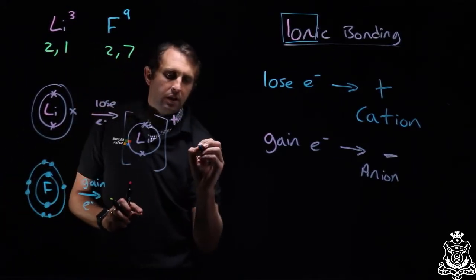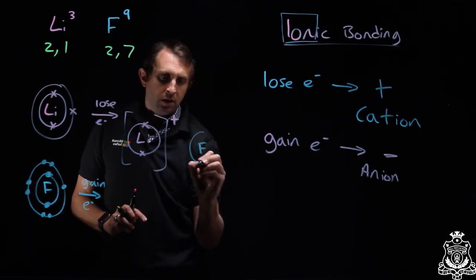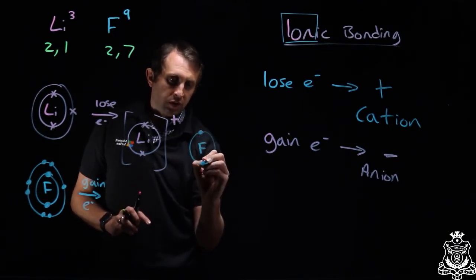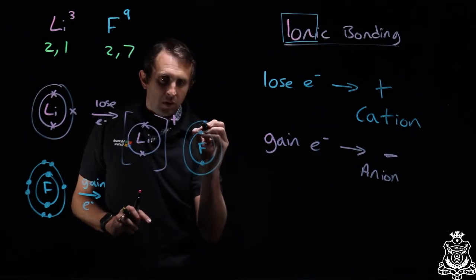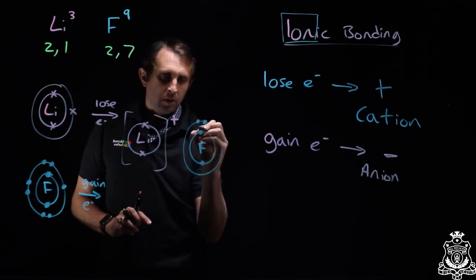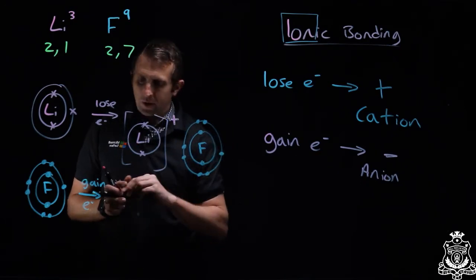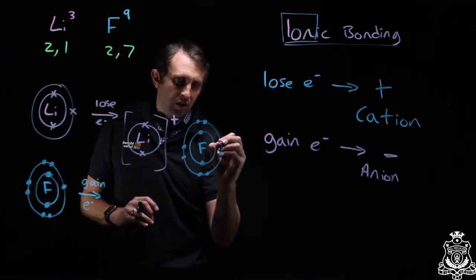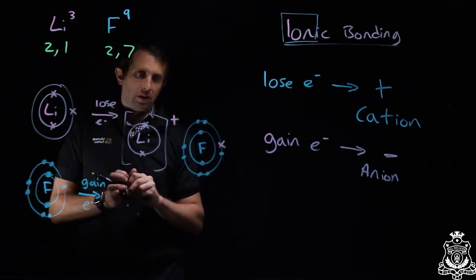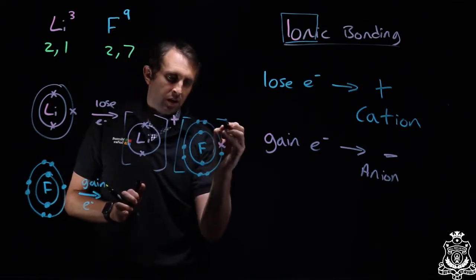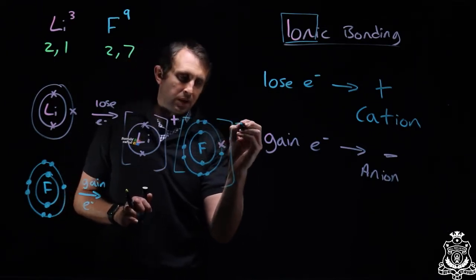So this now becomes, I'll do that here, next to it. So we have 2 electrons in the first shell, 7 there, but because it's gained that electron, we draw it like that. Now it's got 1 more electron, so it becomes negative.